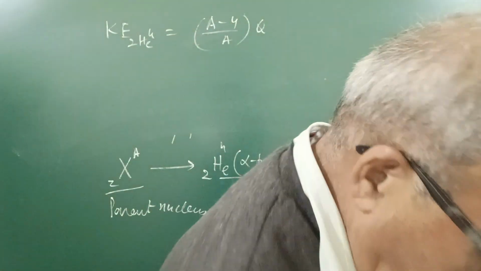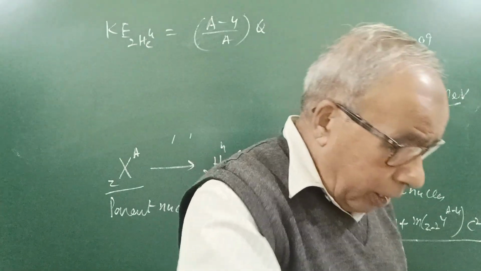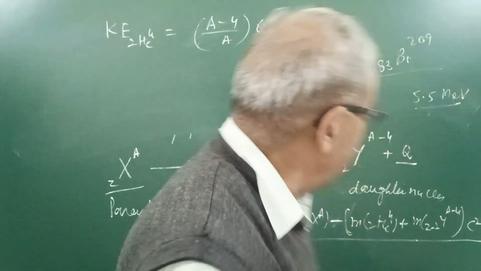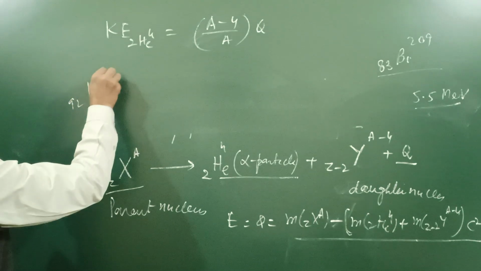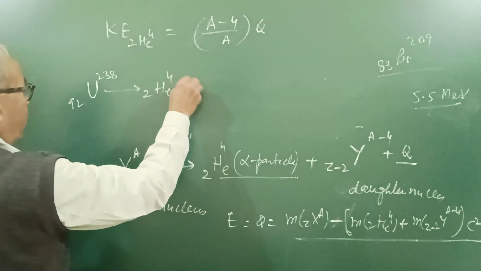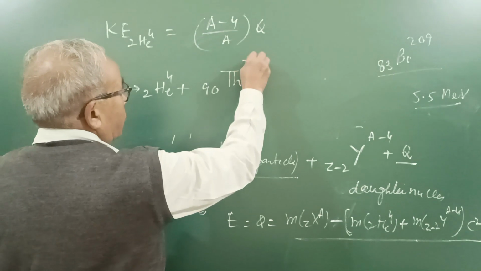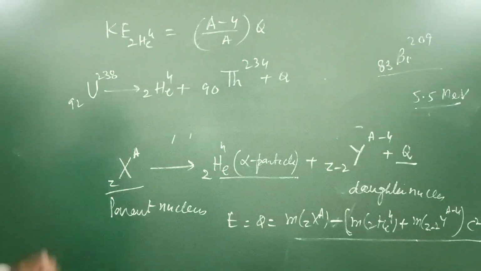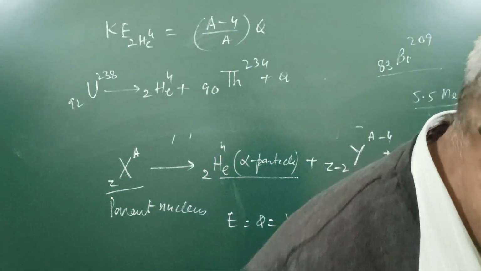So the most famous or most general alpha decay is of uranium-238. Uranium-238 decays into 2He4 plus 90 thorium 234 plus Q. So this is the decay scheme for alpha particles.